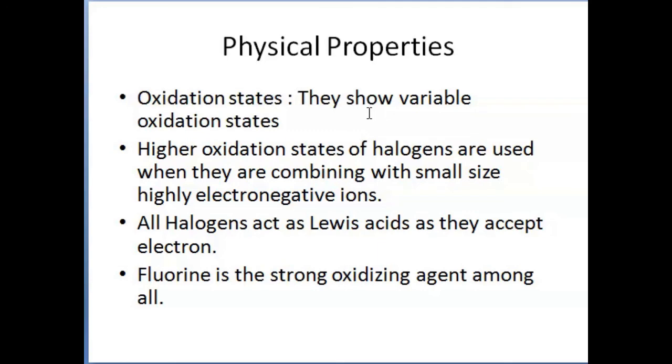Hence, these are all the physical properties of the halogen family, which are very important to learn. We should know about the physical properties of the different elements belonging to group 17.